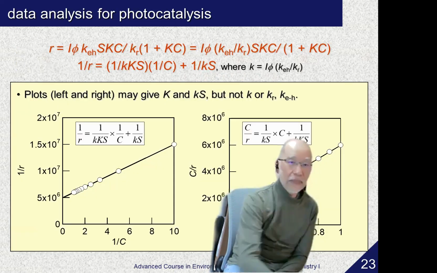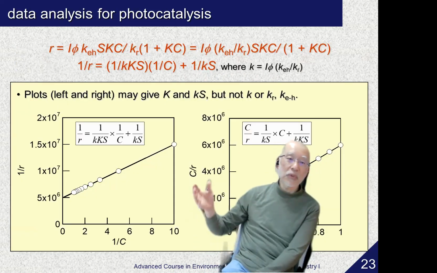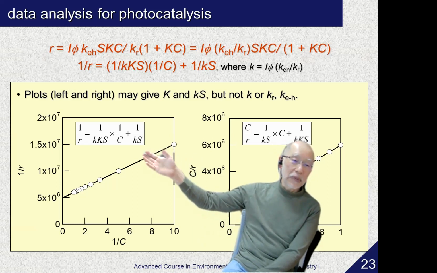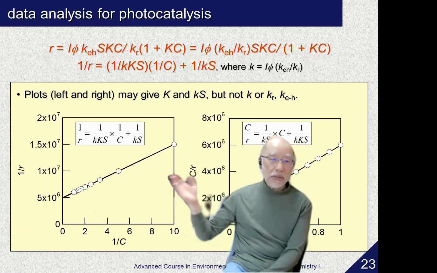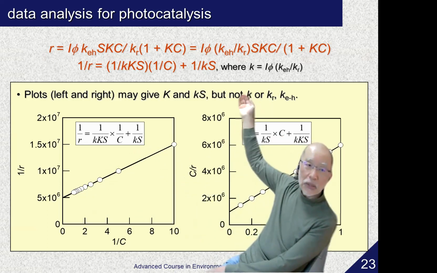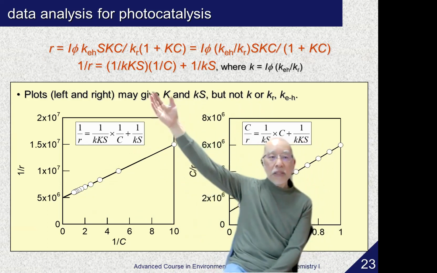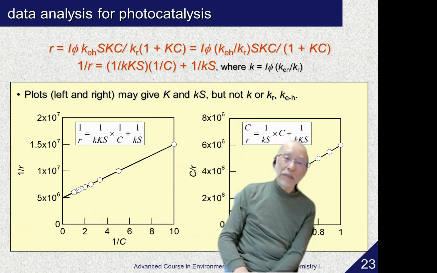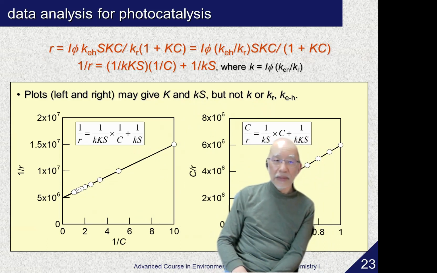So actually, it is impossible. So every time what we can obtain from the y-intercept and the slope, every time what we can know is the large K. But it is impossible to determine KEH and KR independently.